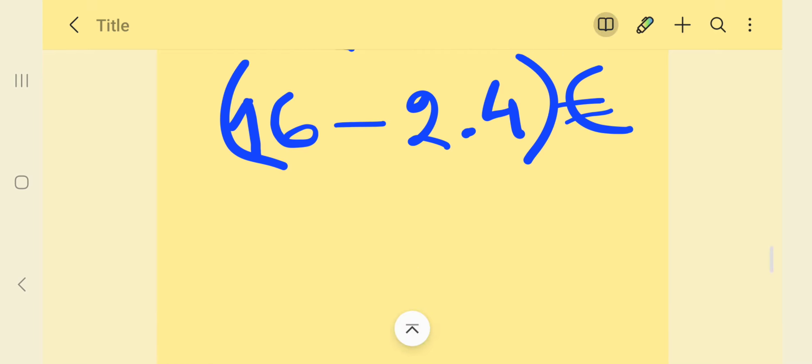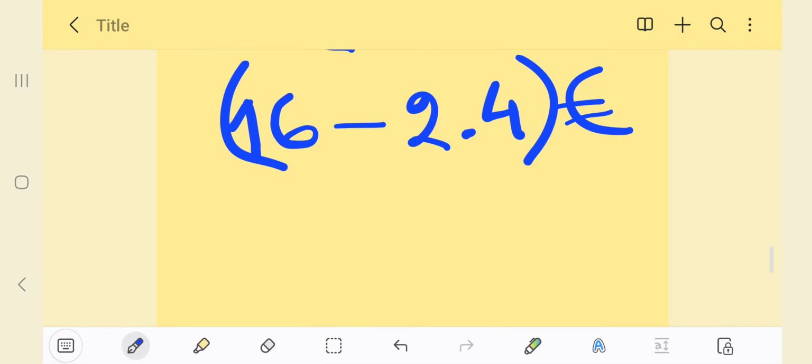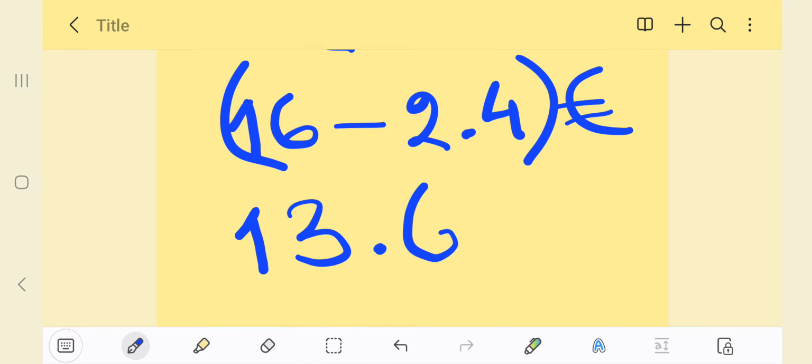We'll easily get it, so we know that 16 minus 2 decimal point 4 equals 13 euro 60 cents. I put the euro sign in the beginning, or let's make it at the end, as at the top I mentioned here at the end.